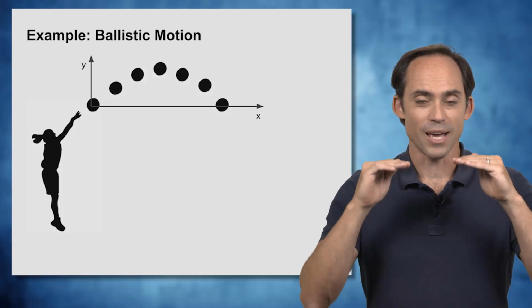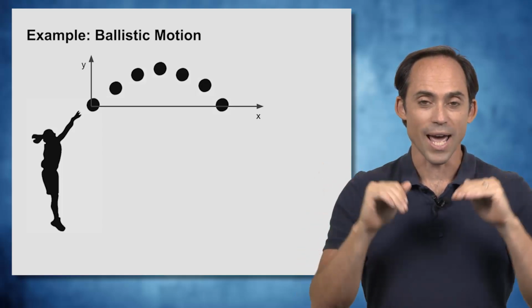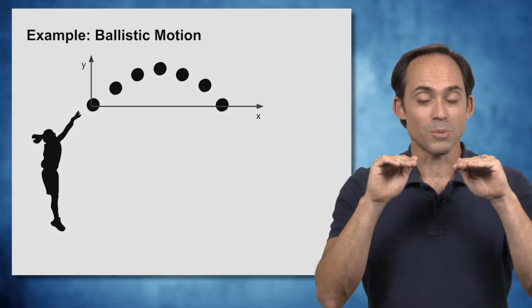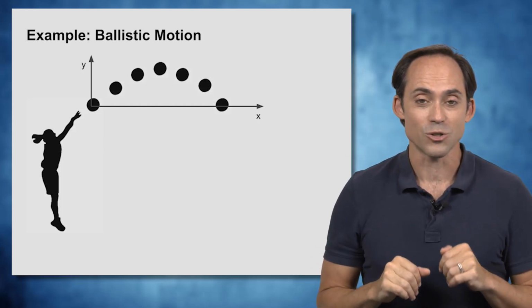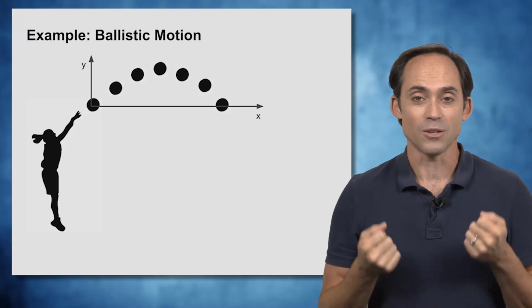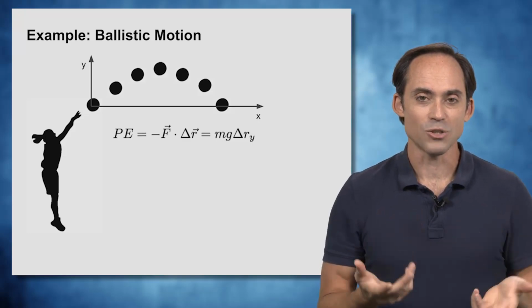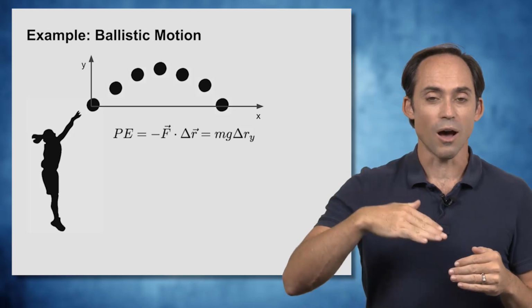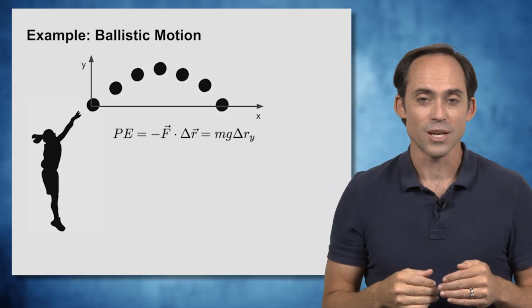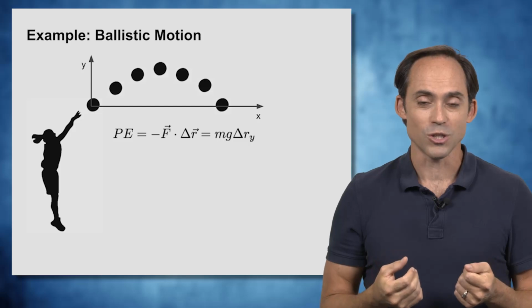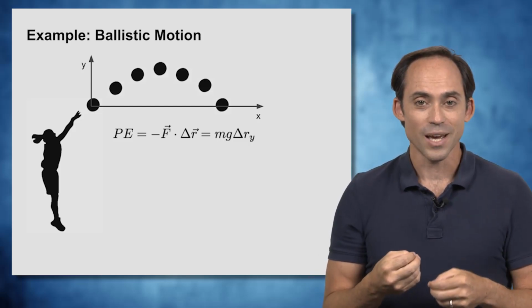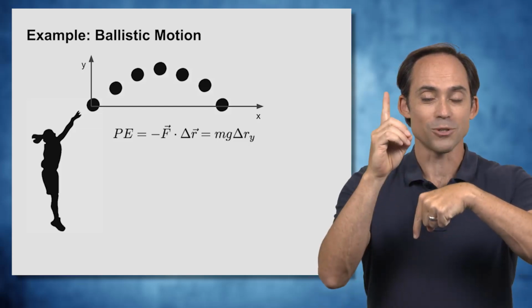So I'm going to set my 0 point for my y-axis to be 0. And this is also going to be the 0 point for my potential energy that's arising from the surface gravity force. So I can write down the potential energy then as it moves away from this origin. That's just the force of gravity, mg, which normally points down, and our displacement y, which points in the opposite direction.